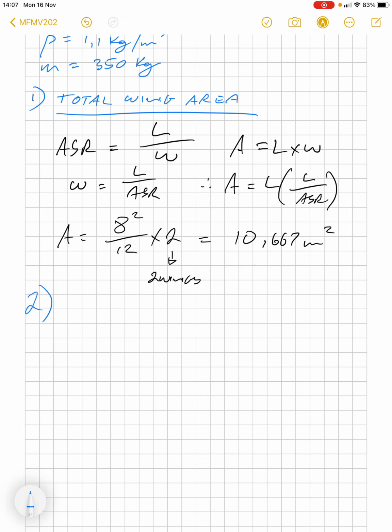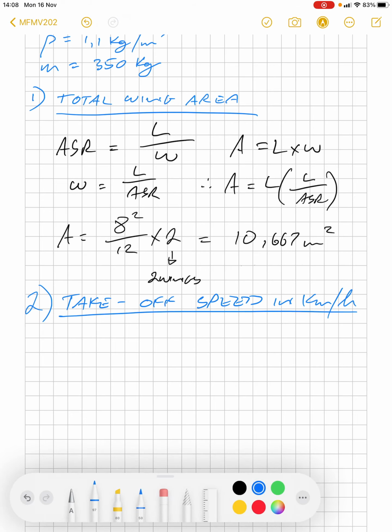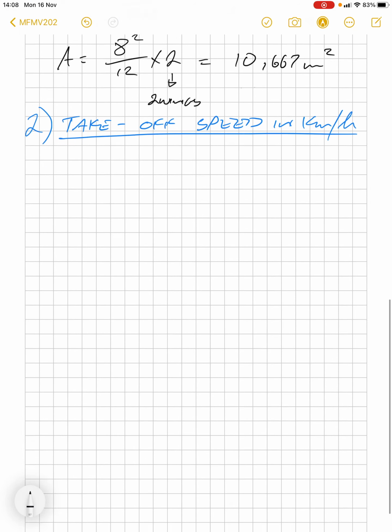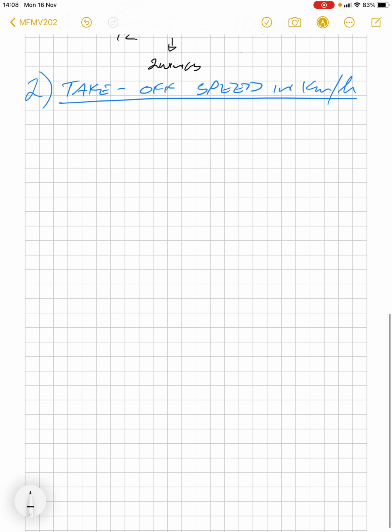Alright, number 2 is the takeoff speed, in kilometers per hour, assuming that there is no wind. Alright.